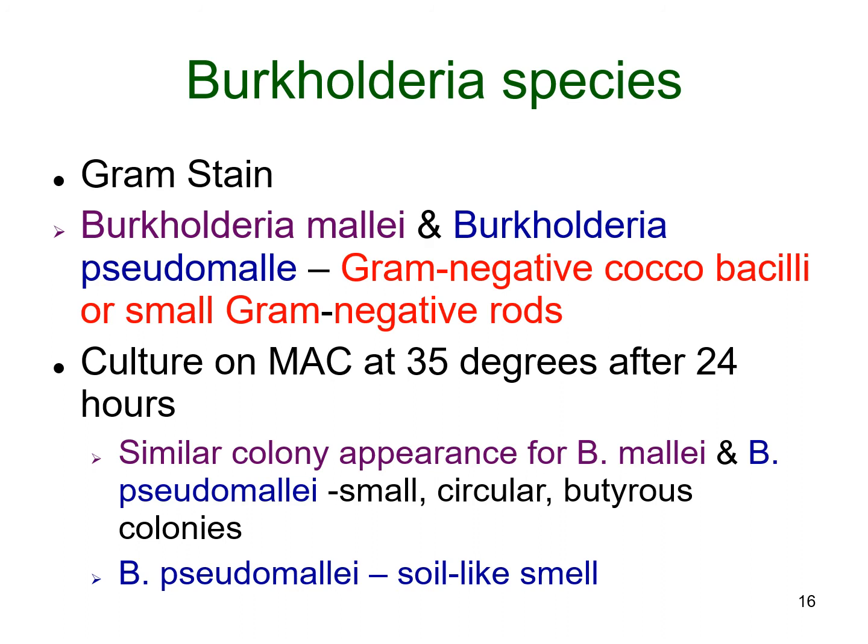Direct gram staining of aspirates and respiratory secretions for suspected Burkholderia infection reveals gram-negative cocobacilli for Burkholderia mallei and small gram-negative bacilli for Burkholderia pseudomallei. These organisms can also be noted on direct exam of blood cultures from suspected patients.